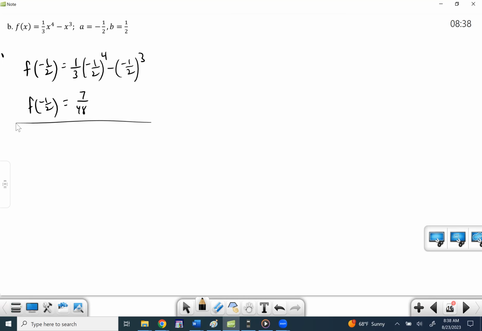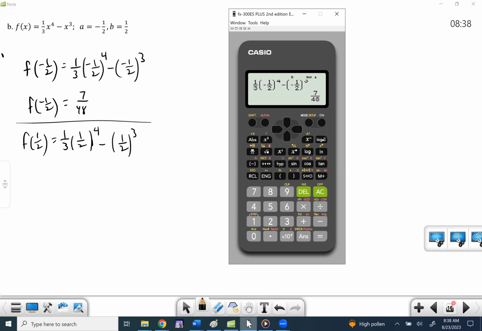Now let's go in and substitute in this time a +1/2. And so I did a negative, didn't I? A +1/2 this time. Let's see what it does. Okay, I think I can hit the up arrow.